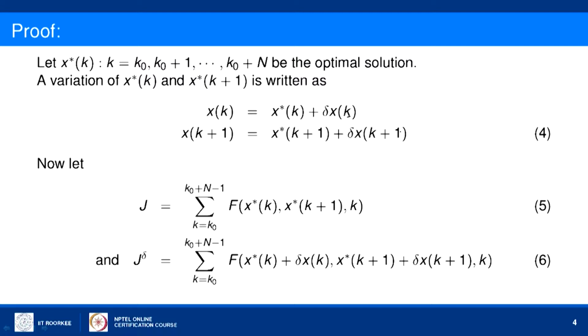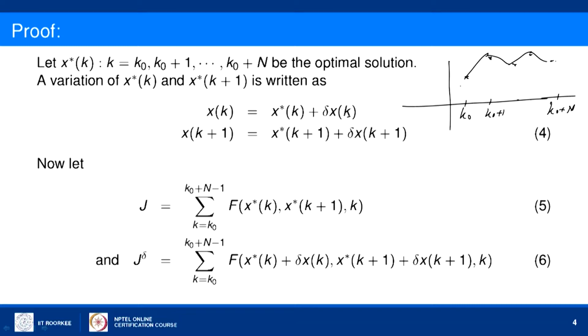So, if you assume for the real case k0, k0 plus 1, etc. up to k0 plus n, the optimal value at k0, x of k0 is a number, then x of k0 plus 1, x of k0 plus 2. So, if we have some sequence like this, this is our optimal solution.